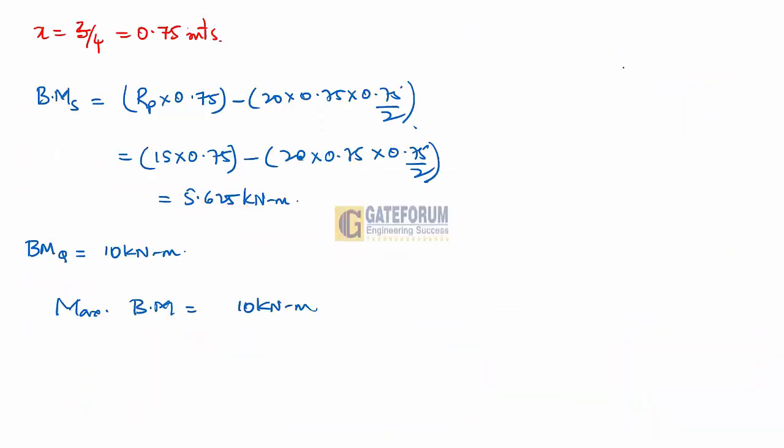That is half into 25 into 2 minus 0.75, which is 1.25. So 0.5 into 25 into 1.25 is equal to 15.625.